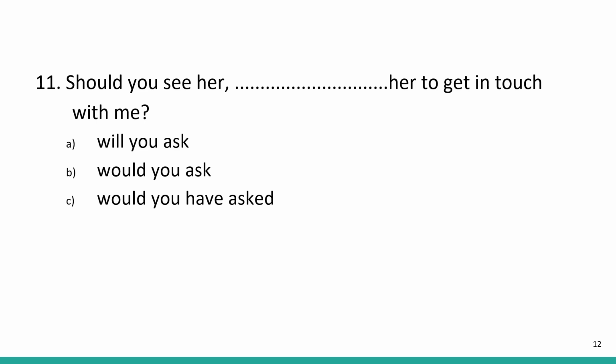So I can ask, should you see her, will you ask her to get in touch with me? It means no one wants this to happen. Therefore, in this sentence, A will be the correct answer. So our answer is A.